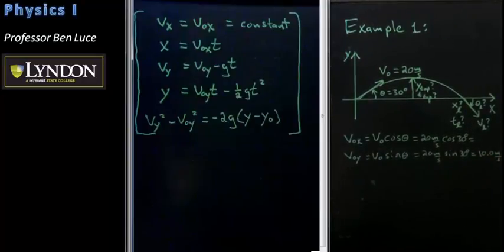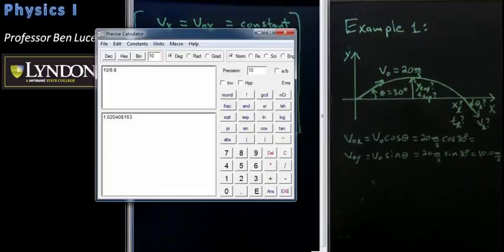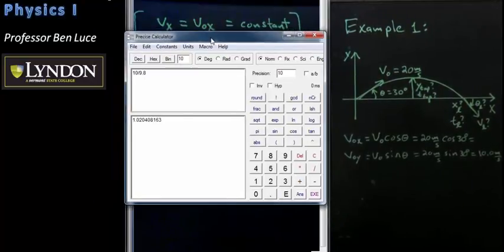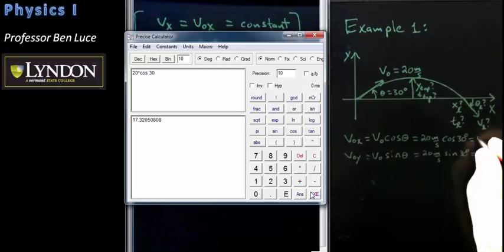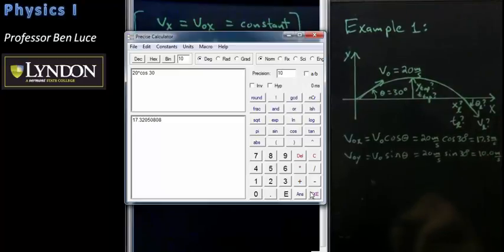Okay, now we need to compute V naught x. So we're going to have 20 times cosine of 30, and to 3 sig figs we obtain 17.3 meters per second. All right, now we can proceed.